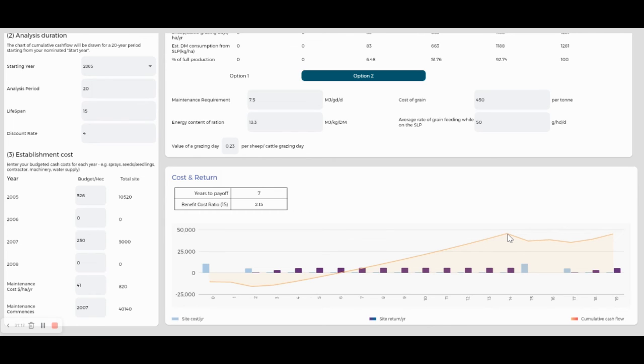So the value of growing Saltland pasture as an alternative to feeding grain is very sensitive to the price of grain.